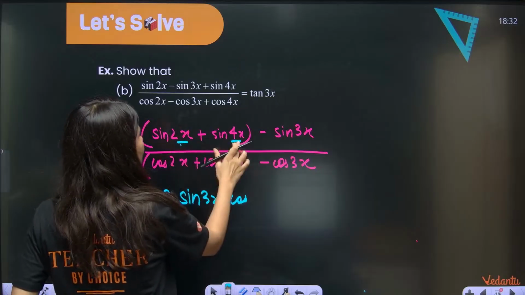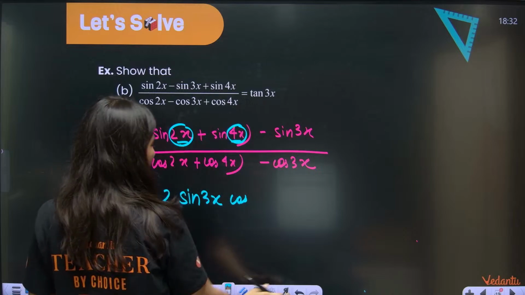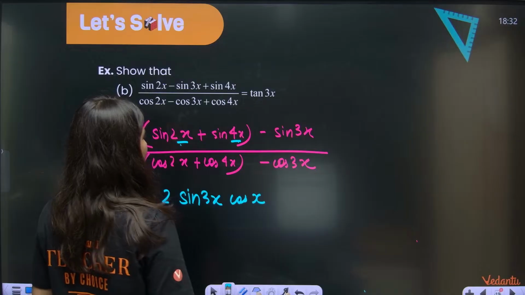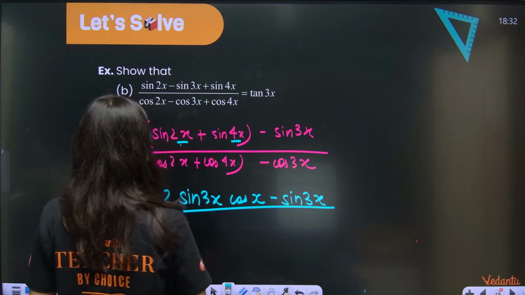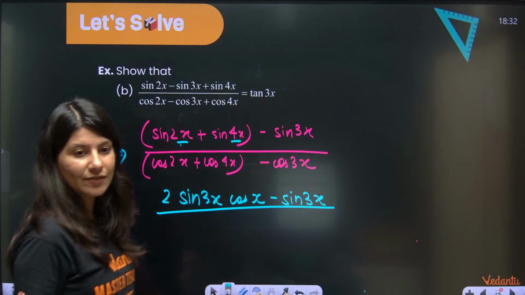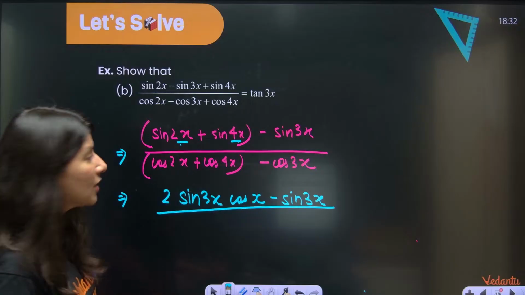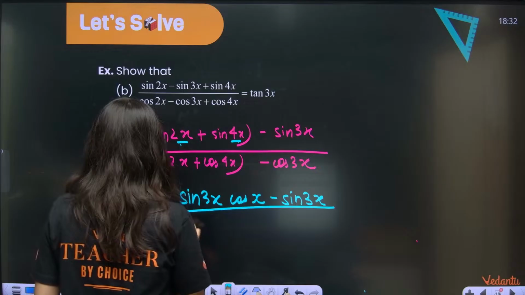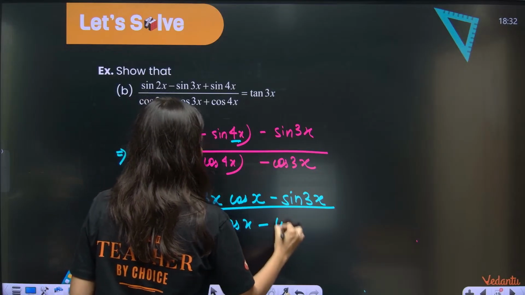Sin 2x plus sin 4x, so cos C minus D by 2 is cos of 2x minus 4x by 2, so this is cos x minus sin 3x, whole upon cos 2x plus cos 4x. Cos 2x plus cos 4x, again cos C plus cos D. Remember, for cos it is 2 cos C plus D by 2 cos C minus D by 2.